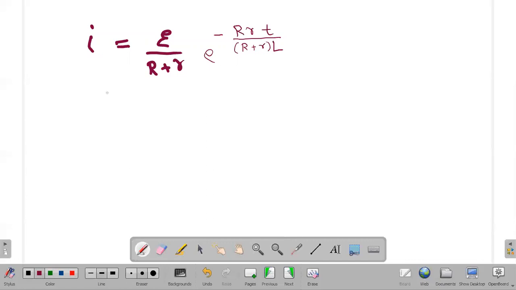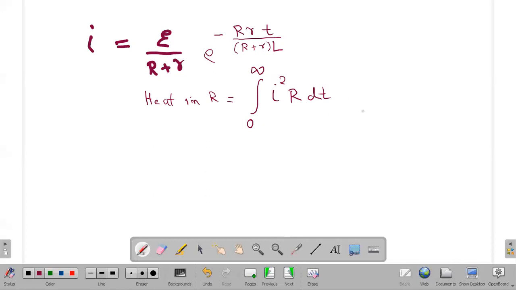Now for the heat loss, in order to find the heat in a resistance capital R, you can use the expression i square R, which is the rate of heat loss, times dt, and you will integrate it from time 0 to time infinity, because in LR circuits the current reaches the steady state value when small t, that is time, tends to infinity.